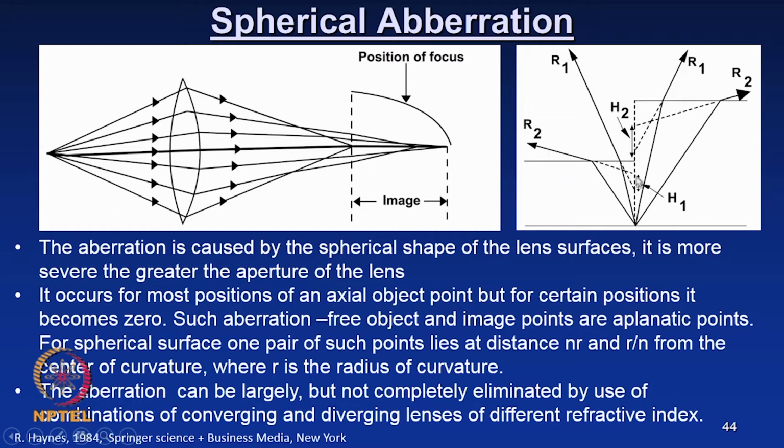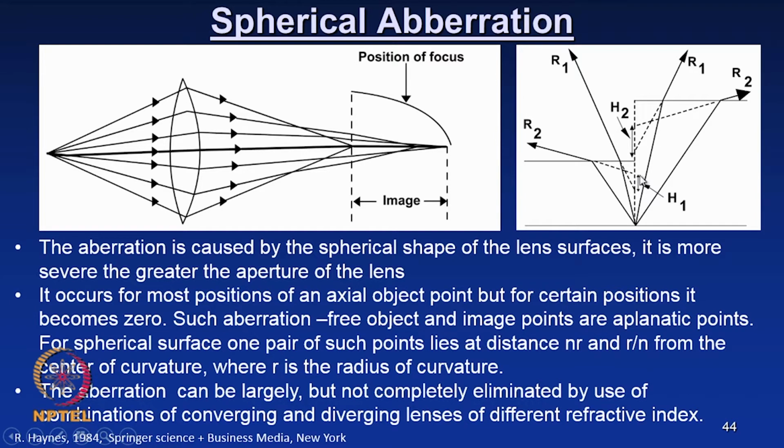the refracted rays, these two rays differ by a distance of h1. You can see that if you trace this ray it falls here, and if you trace this ray R2, it falls here, and these two rays are emanating from the surface at a separation of h1.